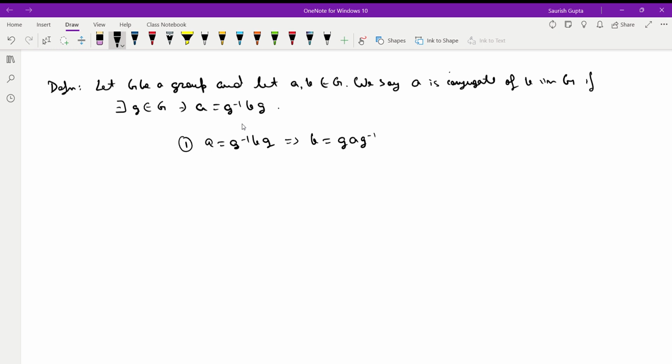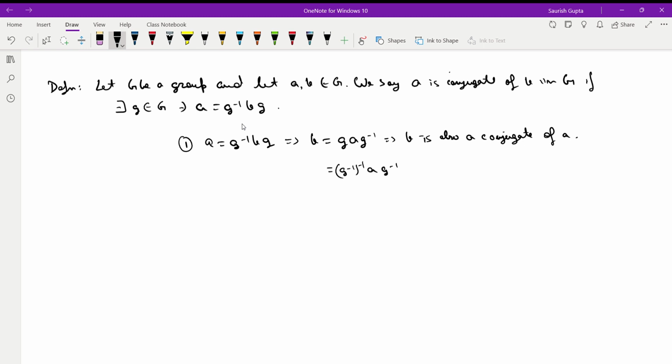But then observe that this implies that B is also a conjugate of A, because we can precisely write g as (g inverse) whole inverse, and you have g inverse here, right?